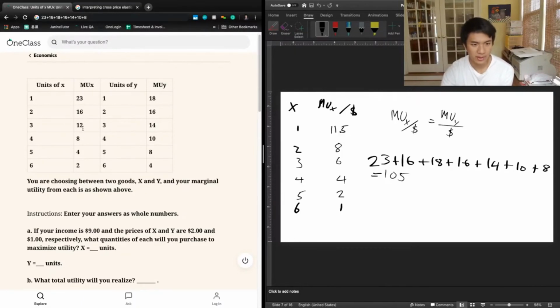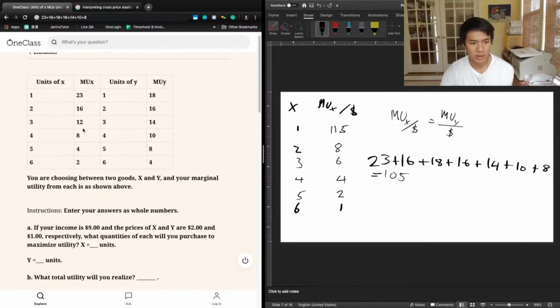For 12, it is not equal to any of these goods, so that might not work. 8 matches up to the 5 units of Y for 8 as well, so we spent $4 on units of X and $5 on units of Y, and that adds up to $9, and that seems to be the best bundle here.